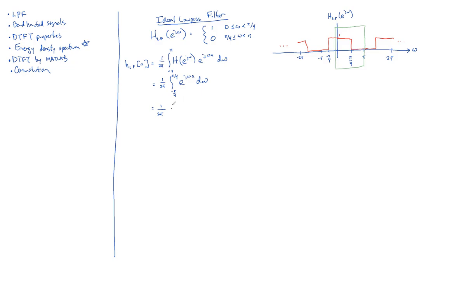So that would be 1 over j n e to the j omega n, evaluated between negative pi over 4 and pi over 4. The next step is just calculus. These are all constants, so they come out, and we get e to the j pi over 4 n minus e to the minus j pi over 4 n.